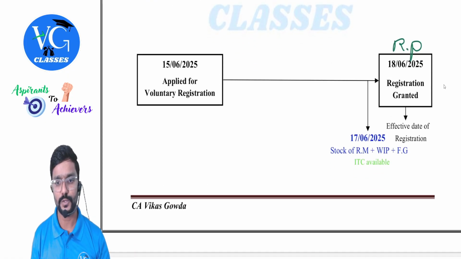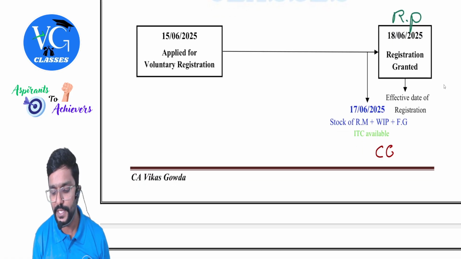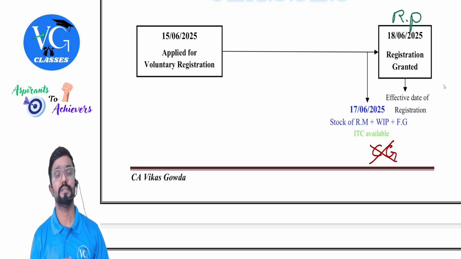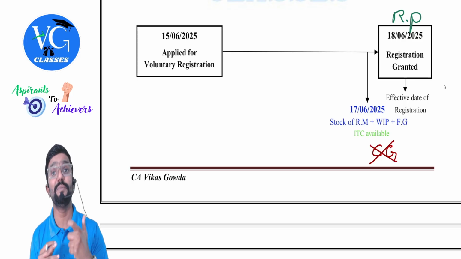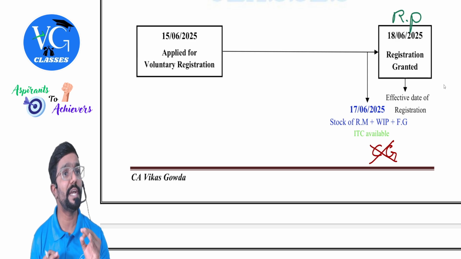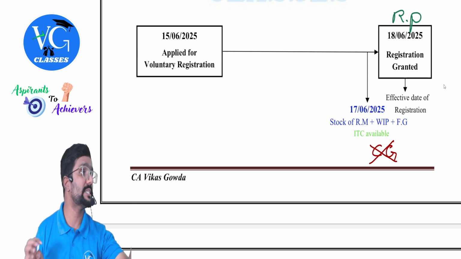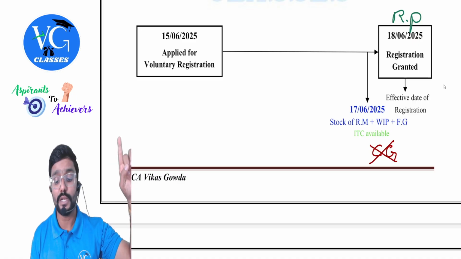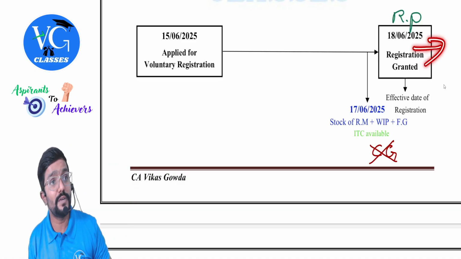Very good. Here also, same story. I will write CG and scratch it. Scratch it means what, guys? Sir, no credit on the capital goods purchased before. Now listen. Sir, what if I purchase capital goods after this date?